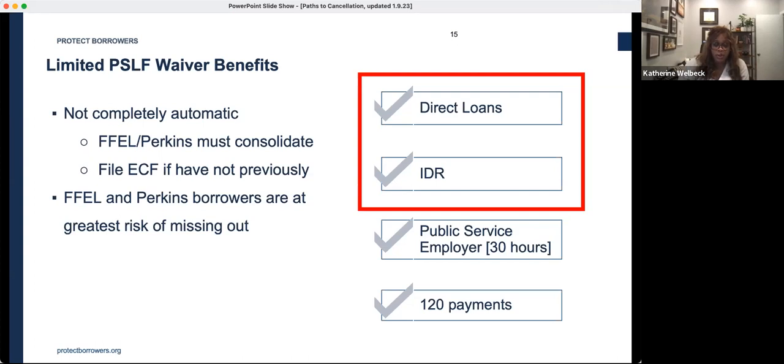And almost all borrowers, regardless of loan types, will have to certify with the Department of Education any periods of qualifying public service work since October 1st, 2007. The idea here is that when you certify your employment, you're raising your hand, telling the Department of Education that you have qualifying work and you want to get credit for public service loan forgiveness.